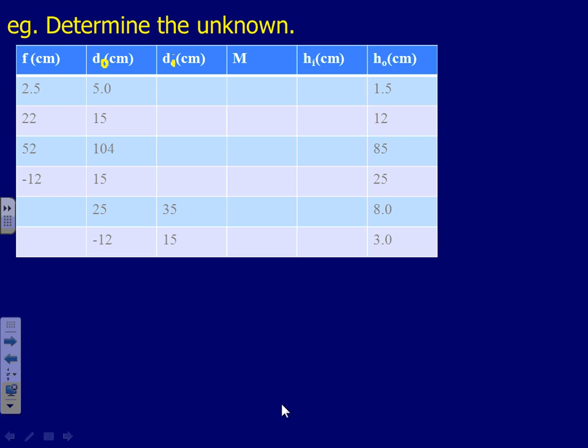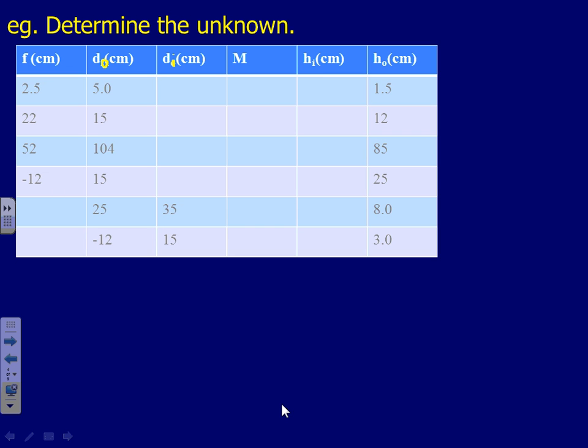I want you to start with the height of the object, and in the end, we're going to find the height of the image. In other words, I wanted you to start with where the object is, all right? And then we want to figure out the information about the image. We're not switching the other ones. The first one is kind of a mistake, okay?